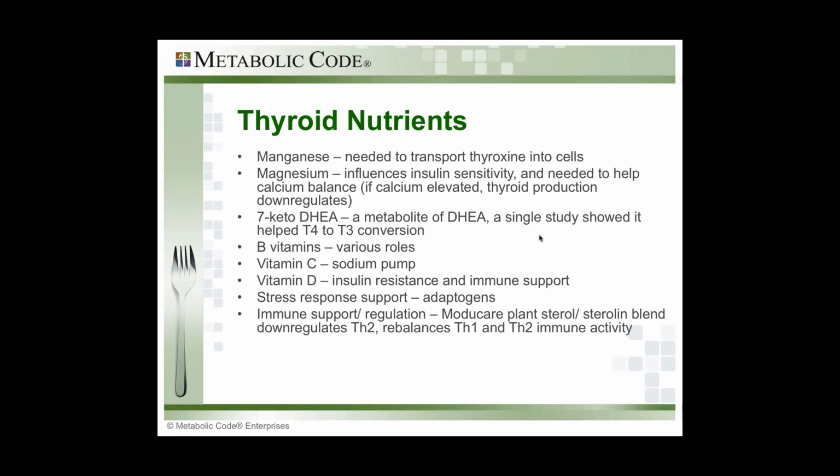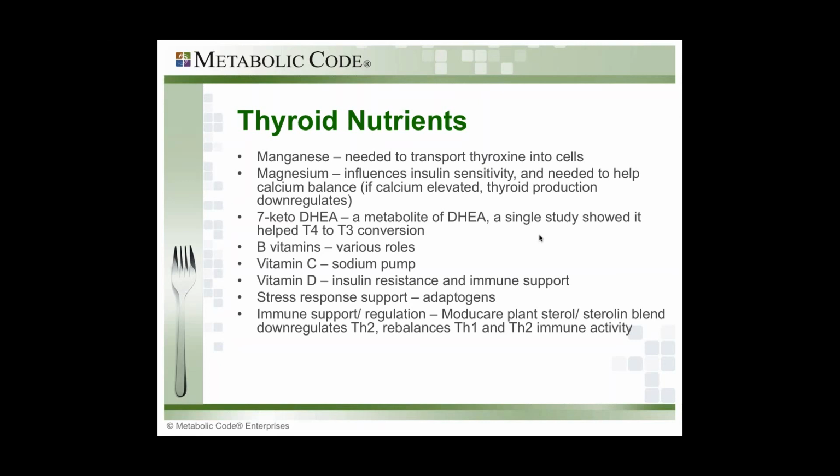Adaptogens like rhodiola, ashwagandha, and astragalus are often seen in thyroid supplement blends because they know that the stress response plays such a role in increasing the production of RT3 instead of the active T3 that we want.